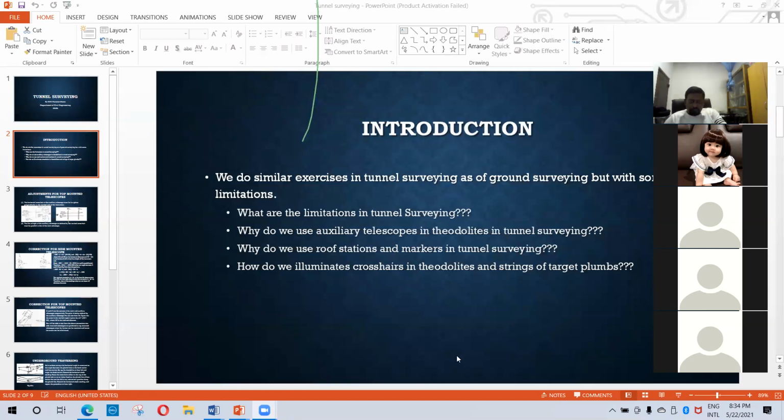To make sure its line of sight is parallel. To make sure the line of sight is parallel.